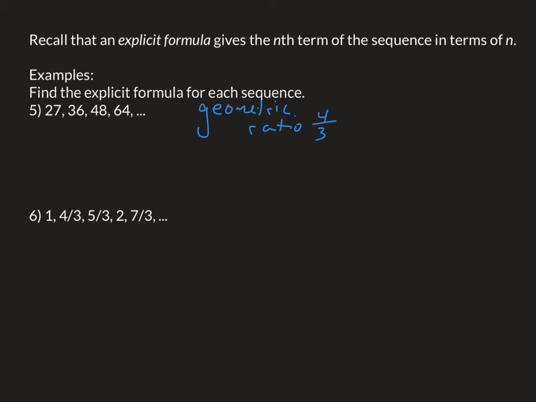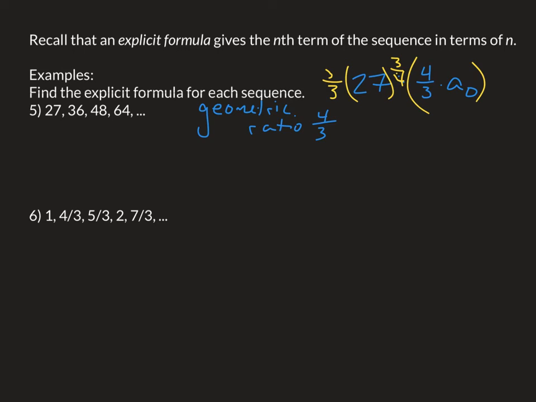So if I wanted to go backwards, the question is 4/3 times what equals 27? 27 is equal to 4/3 times our 0th term, a sub 0. And so to get that alone, I'm going to take both sides times 3/4. We undo the divide 3 with times 3. We undo the times 4 with divide 4. And I do that over here as well, times 3/4.